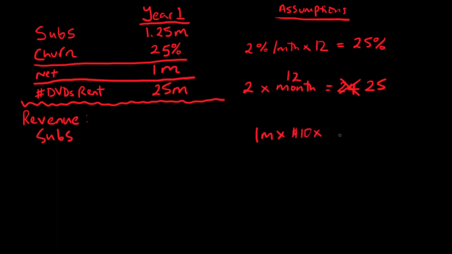Again, we're working in a year here, so that's 10 times 12, which is $120 per year per subscriber. So 1 million times 120. Our revenues from subscriptions in our first year would be $120 million.